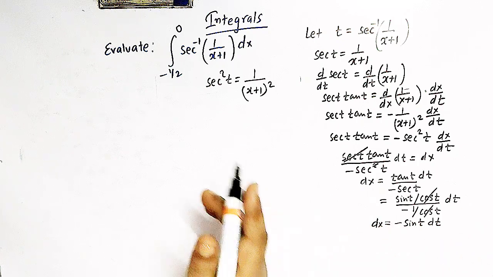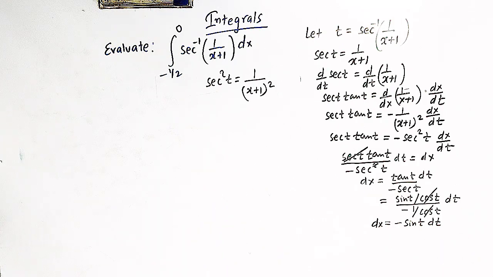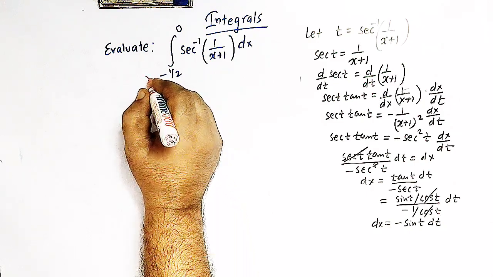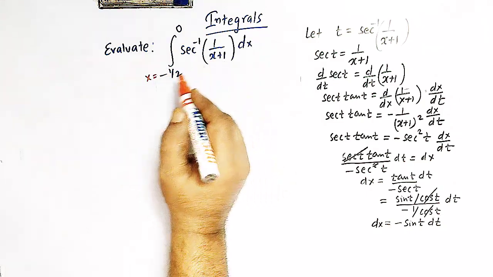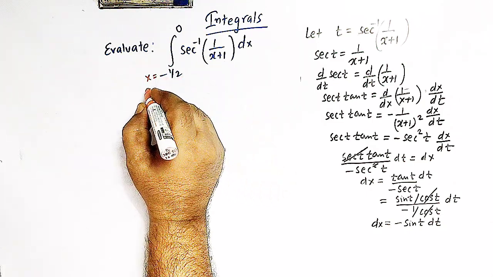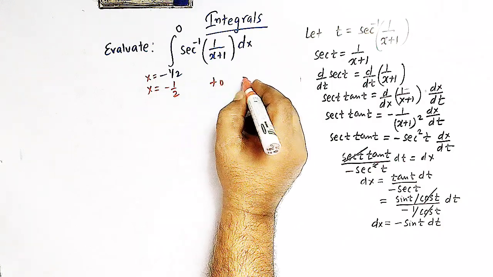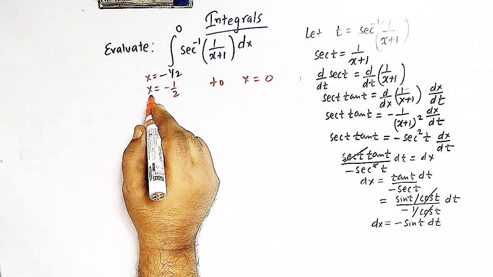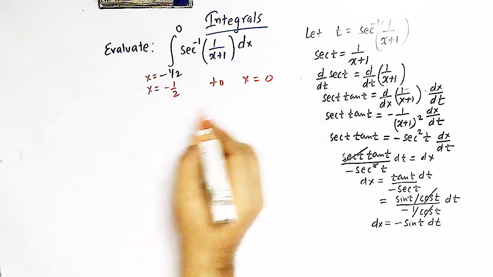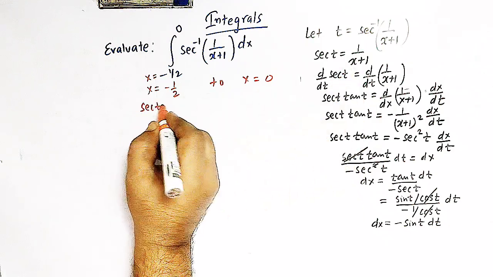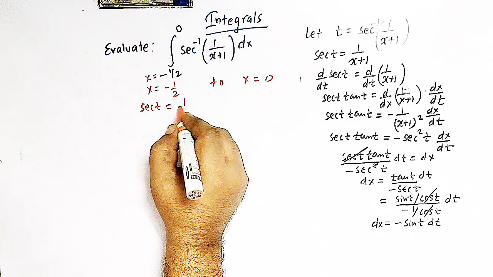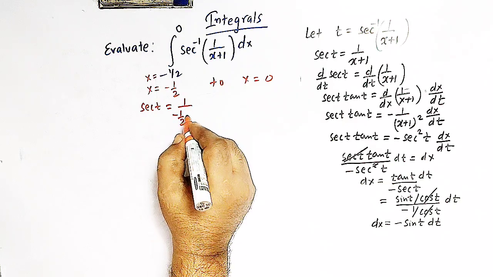Okay, so now let us change the limits accordingly. Here we see that the limits of integration vary from x is equal to minus half to x is equal to 0. So when x is equal to minus half, then secant t is given by 1 over minus half plus 1.